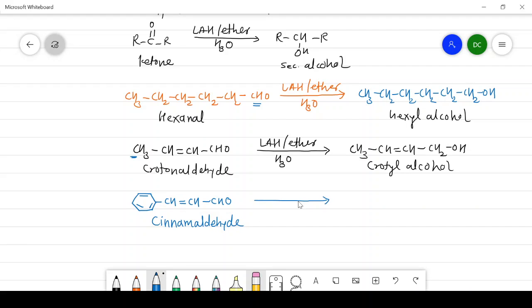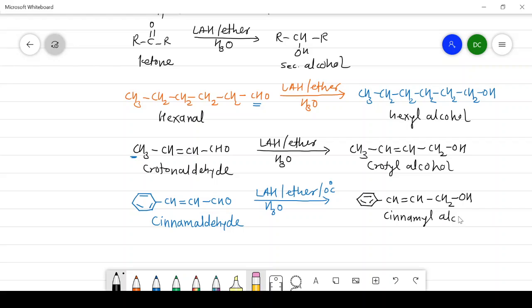This undergoes reduction in presence of LAH and ether, with water, at 0 degrees Celsius. At 0 degrees Celsius, as like crotonaldehyde, it will give a product which is having carbon double bond carbon and conversion of CHO into CH2OH. It is cinnamyl alcohol.